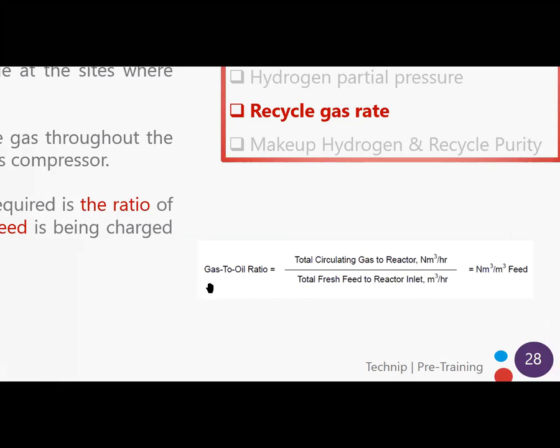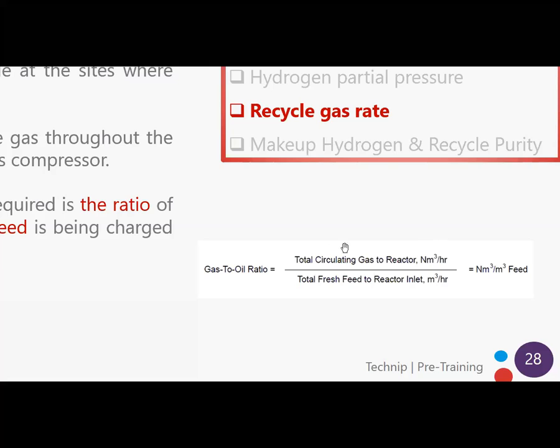So this is also an important variable that they use to measure if you have an appropriate recirculation rate, that is the total circulating gas to reactor divided by the total fresh feed to the reactor. Remember that we have the circulation to the reactor that mixes with the feed previous to the heater.